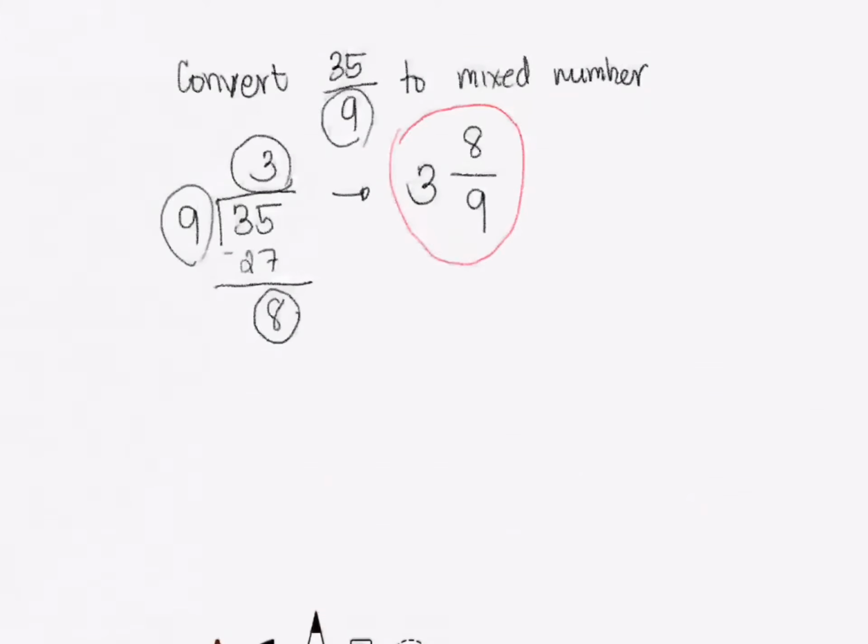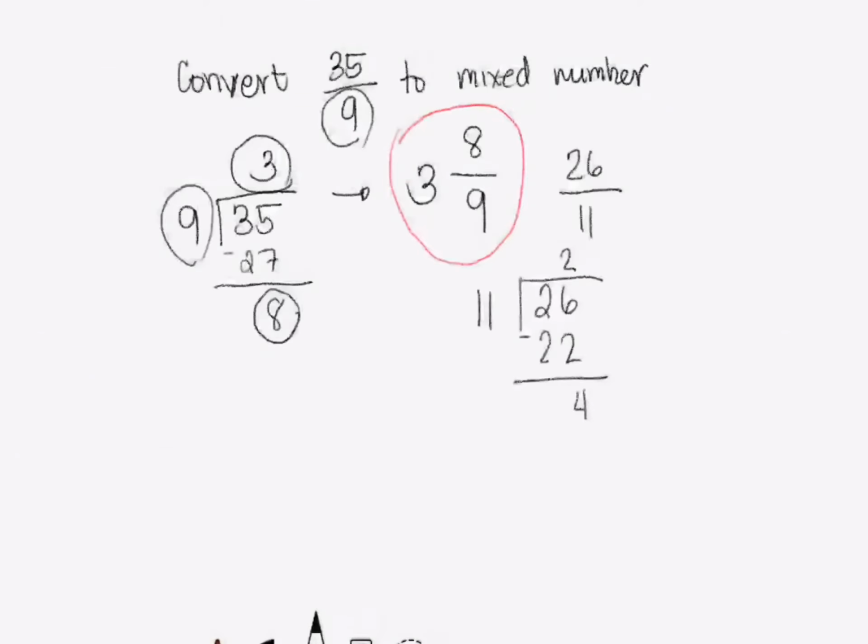So, another example, 26 over 11. So, again, we will perform the long division. So, we have 26 divided by 11. We know that 26 divided by 11 is 2. 2 times 11 is 22. 26 minus 22 is 4.